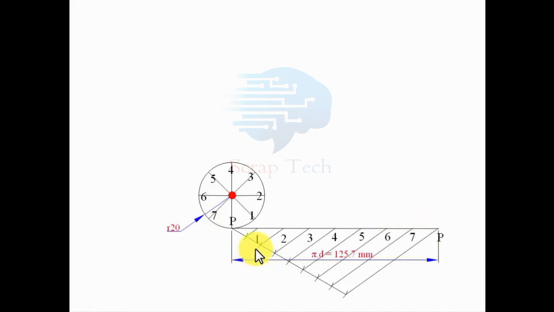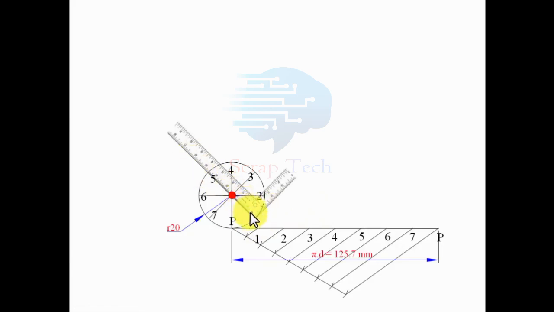Now the next step is to draw tangents from each and every point, from 1, 2, 3, 4. Let me show you how this can be done, and it can be done very easily with the help of a mini drafter. Let's just say that this is a wheel, and this line over here represents a spoke of that wheel. So we have to draw a tangent at one, and for doing so it's pretty easy. Please watch this.